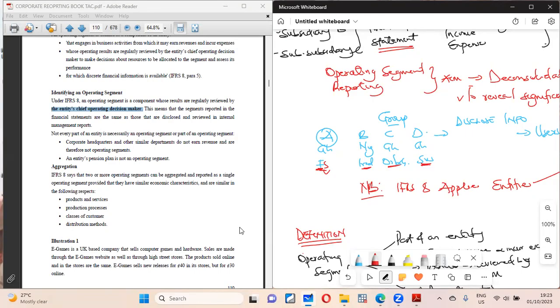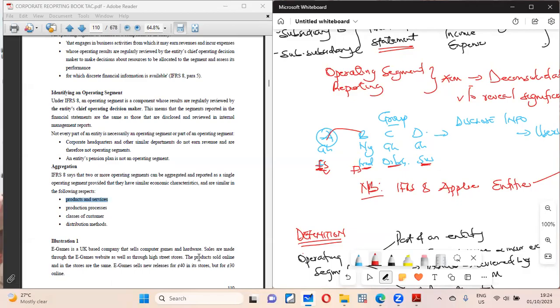But aggregation is possible when the companies have similar characteristics. What are the similar characteristics? Similar in terms of product and service. So if this one were financial services and this one financial services too, then you can put A and B together as one operating segment.